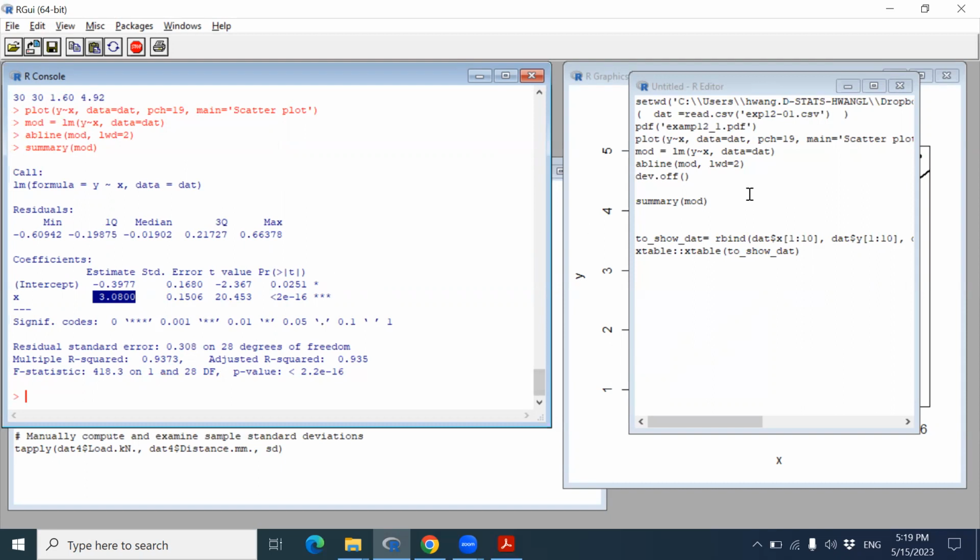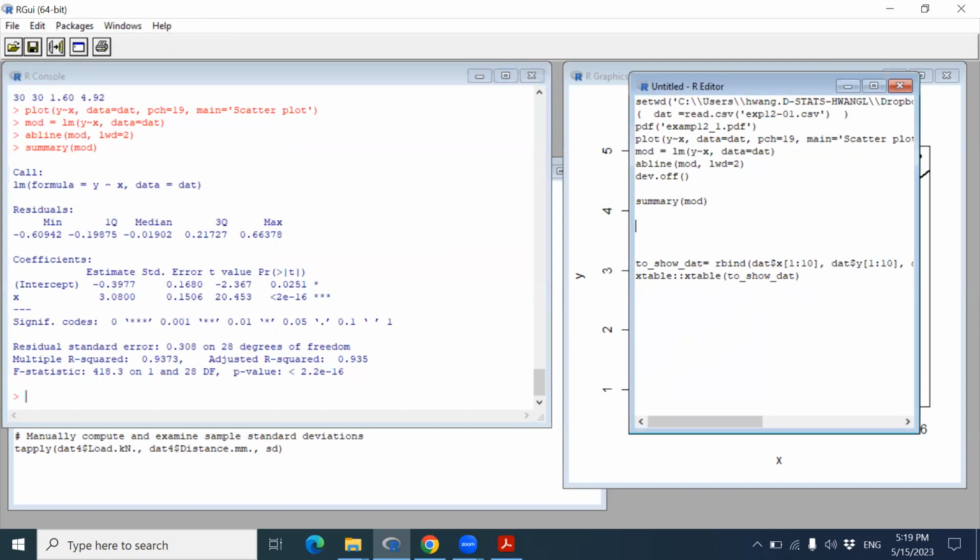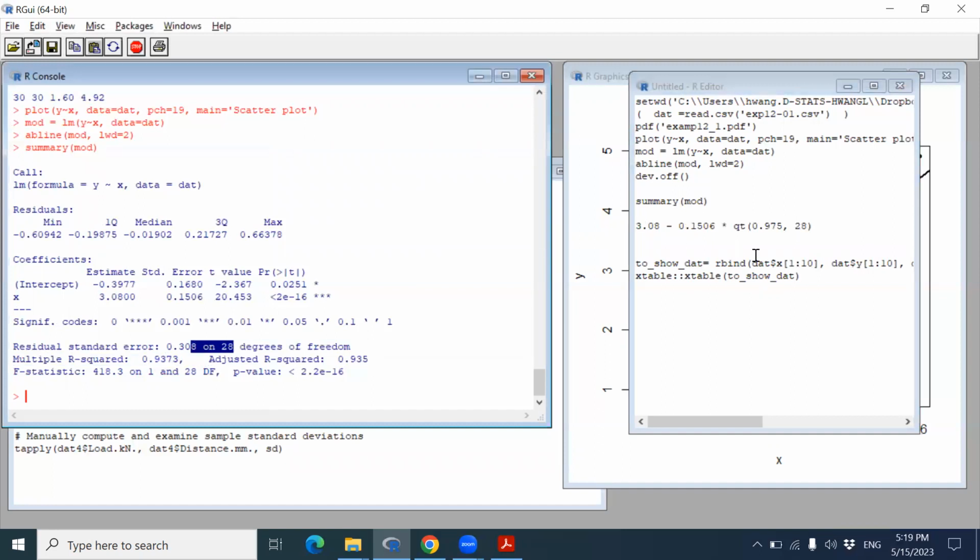And if we want the confidence interval for beta 1, we'll have to do it manually in this case. 3.08 is the point estimate, and then plus or minus the standard error 0.1506, times the qt. For the qt, for a 95% confidence interval, we use 0.975, and the df is 28, because we saw this part gives us 28 degrees of freedom.